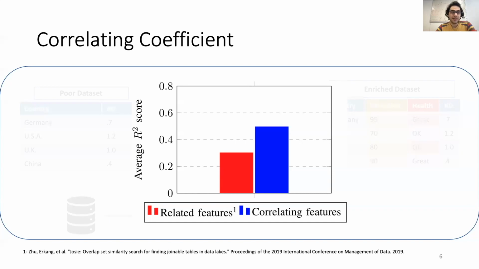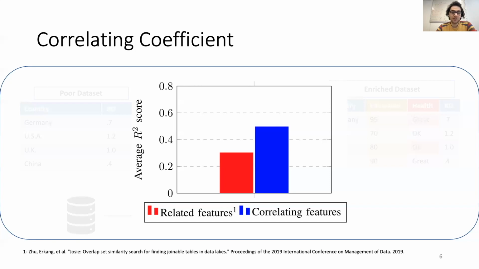On the other hand, the next approach enriches the input data set with only correlating features. And as you see, the correlating features can be a better and more effective way of enriching the input data set and the training data set for a specific machine learning task.